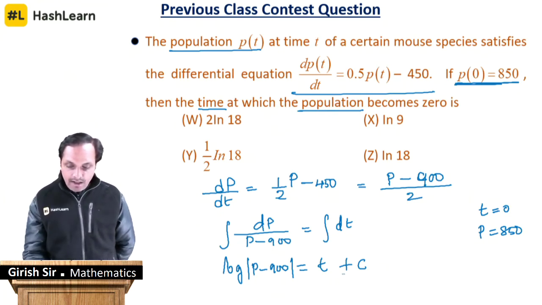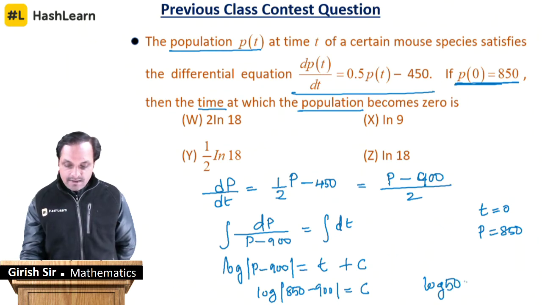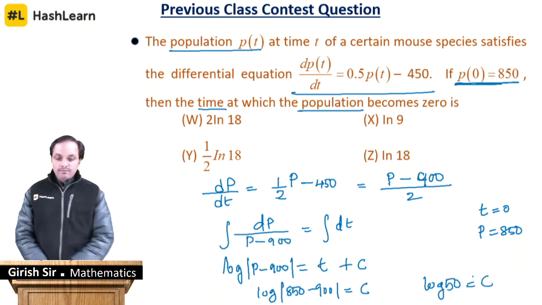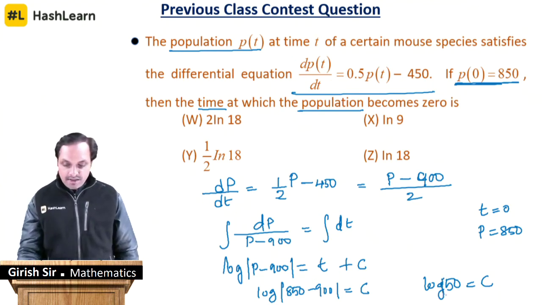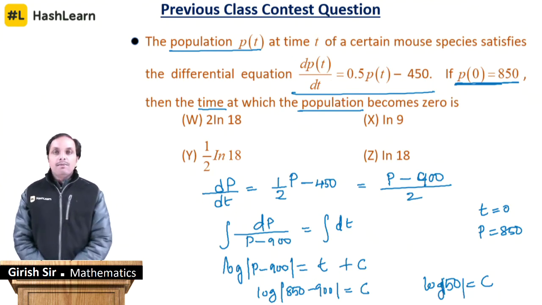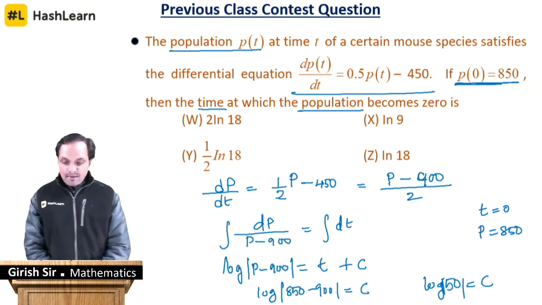So we put t as 0 and population p as 850, so it becomes 850 minus 900 which is inside the mod. So you can write it as log 50 is nothing but c. Mod means just take the positive sign, minus 50 will come, take it as plus sign.